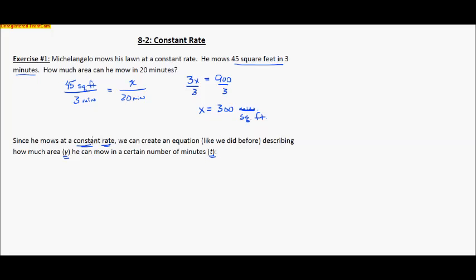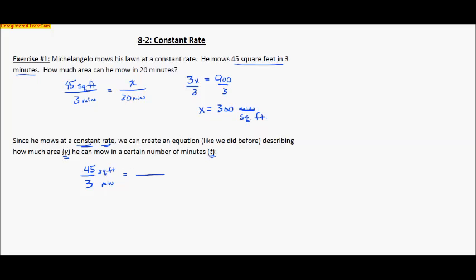Since it's a constant rate, I can start with the same proportion as up top, remembering that this is square feet on the top and minutes in the denominator. I'm going to match up the variables that they want us to use.